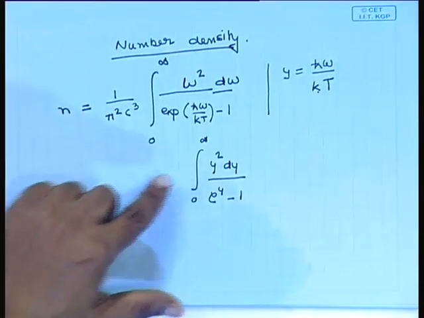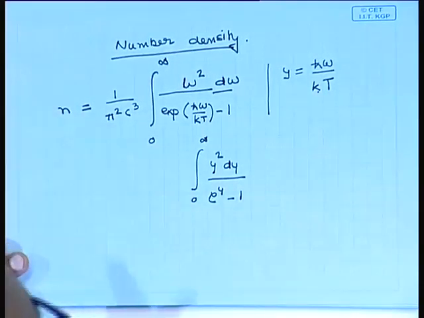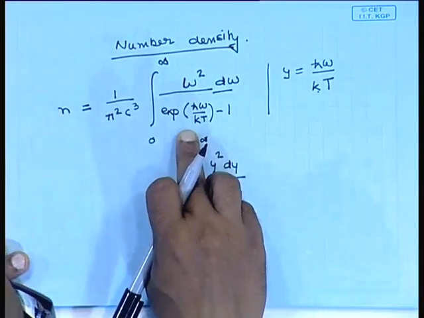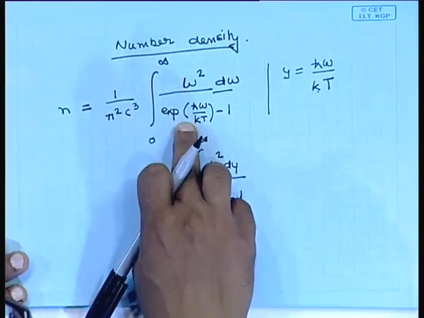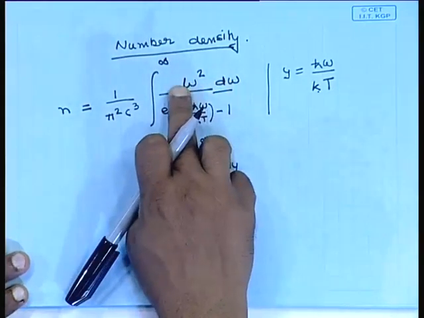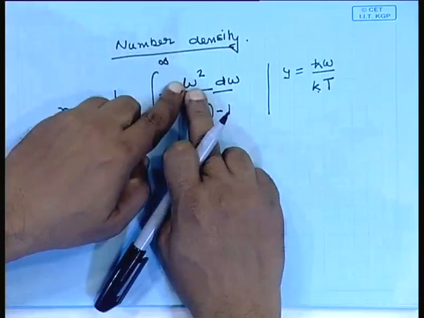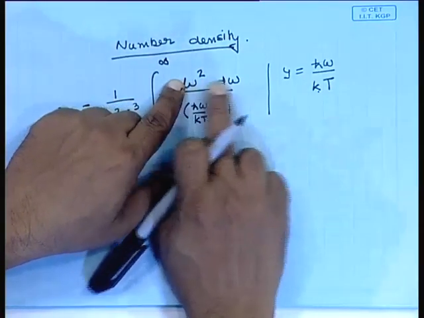Now, let us write the factors outside. The factors outside are going to be kT by h cross c, cubed, right, because there is one factor, two factors are going to come from this, one from this.